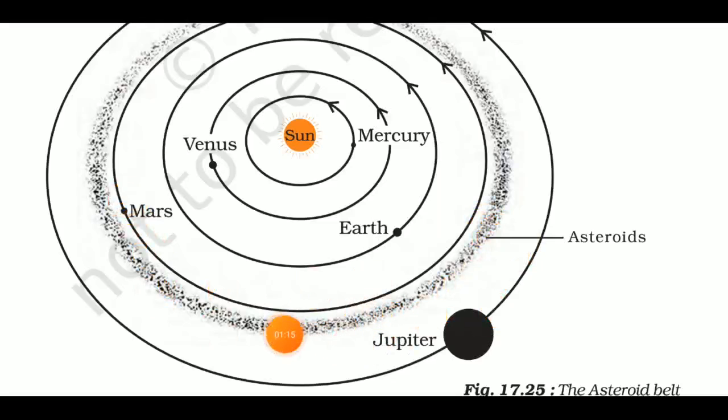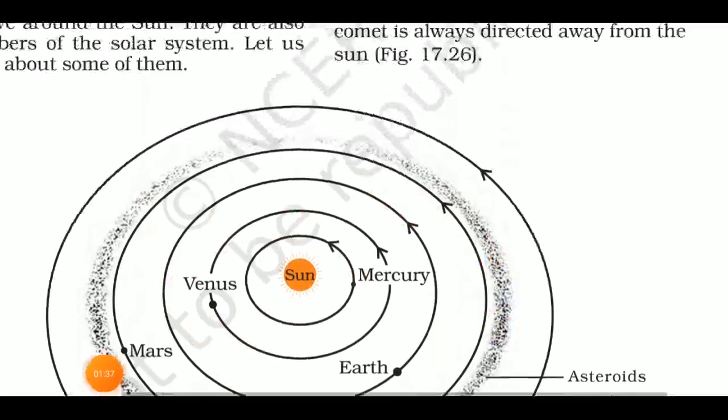In this gap between these two orbits, there are these types of objects. As you can see here, these types of objects are called asteroids. They are small objects, and they are revolving around the sun, so they are called asteroids.